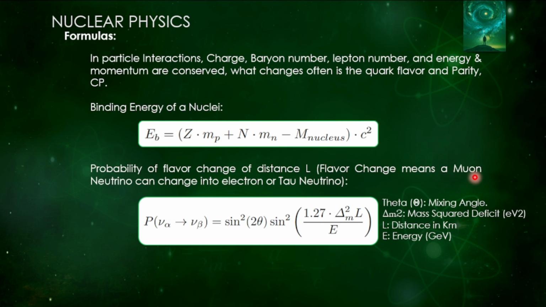Probability of flavor change over distance. Flavor change means a muon neutrino can change into an electron or tau neutrino. So what is the probability of flipping between flavors at a distance L?